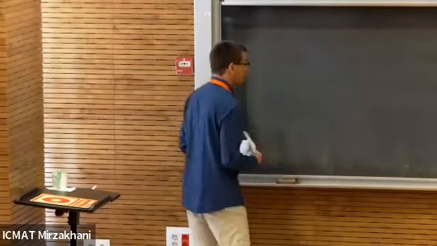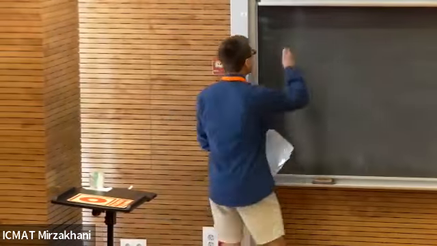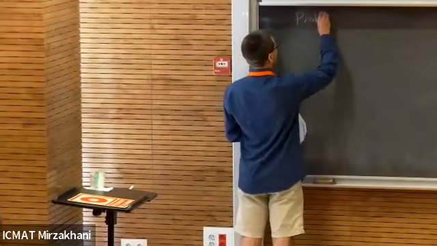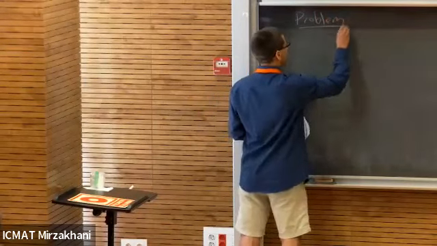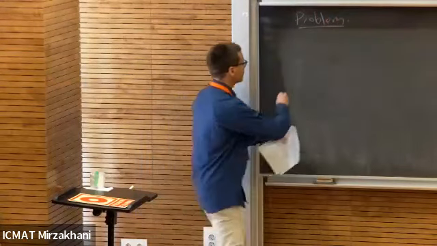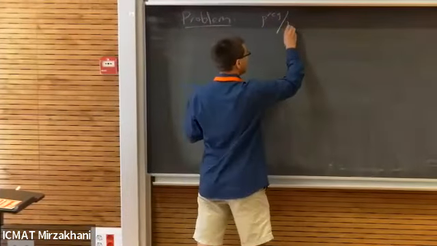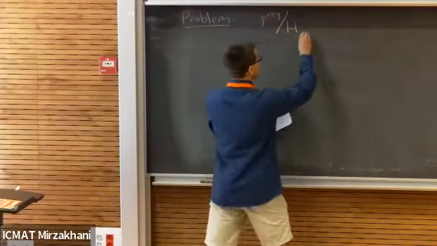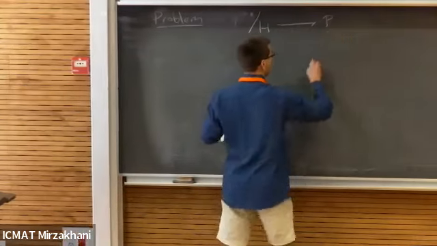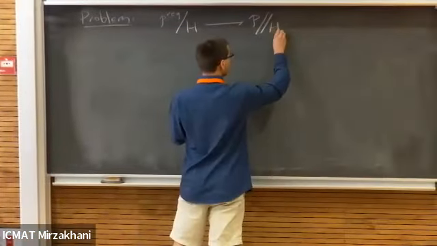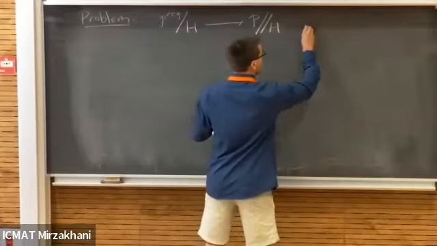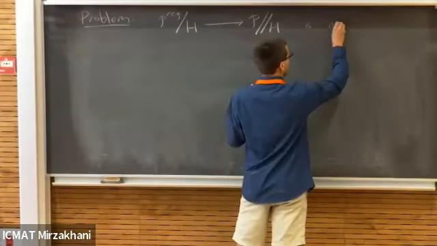Okay, so the first problem that arises here, and again, this is a bit of a review from yesterday, is that this stack, when I restrict to this regular locus, mapping to the GIT quotient, is not a gerbe.